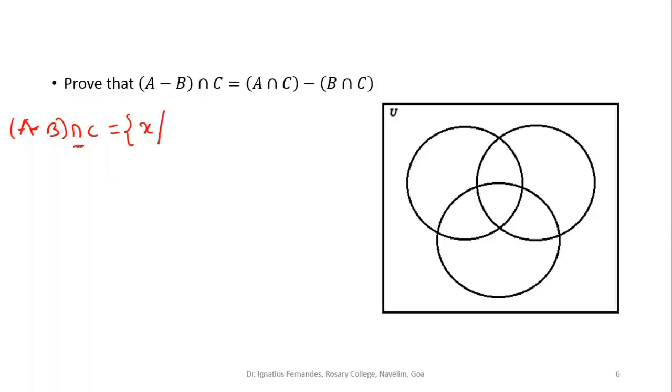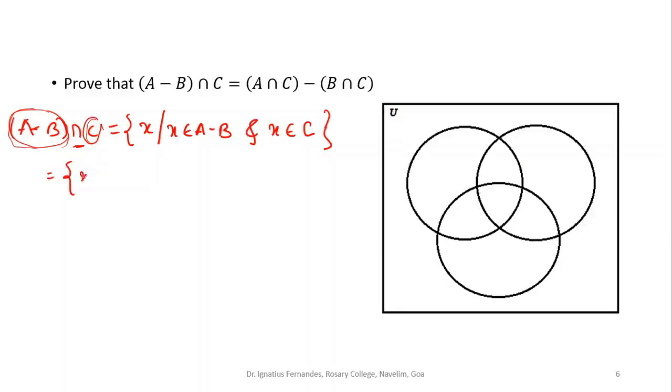Now we are taking the intersection of this set and this. Intersection is the elements which are common, which are present in this set and this set as well. So x is in A minus B and x is in C. Okay, so x is a common element in C and A minus B.